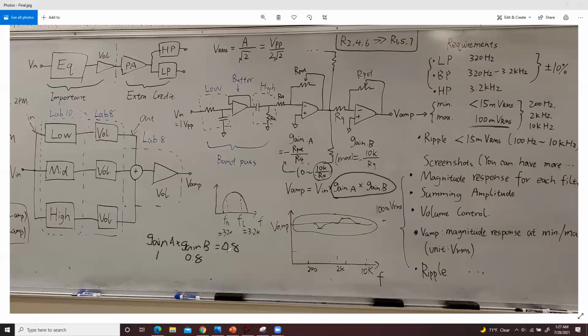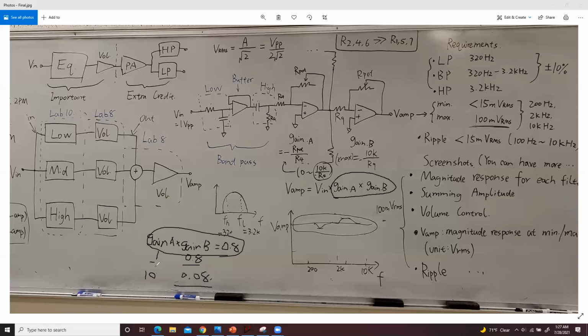And remember, when you define gain A and gain B, you don't want to make these two values too different. For example, if you define gain A as 10, gain B as 0.08, theoretically you still satisfy this equation, but in the real world, it's hard to make an amplifier that has 0.08 gain.